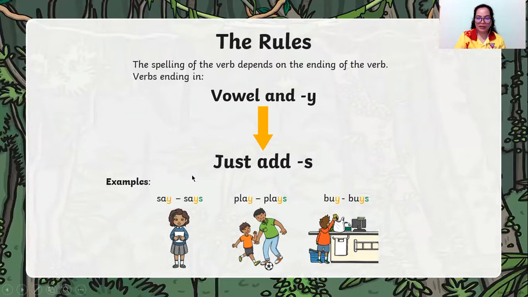So you have the vowel and Y. Always remember, vowel and Y. So you are just going to put S. Say, says, play, plays, buy, buys. Next.